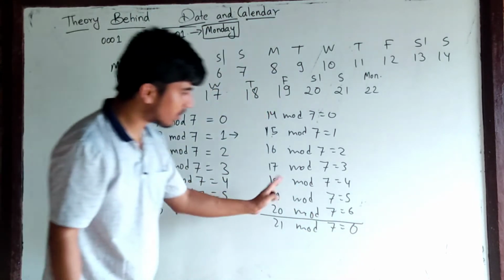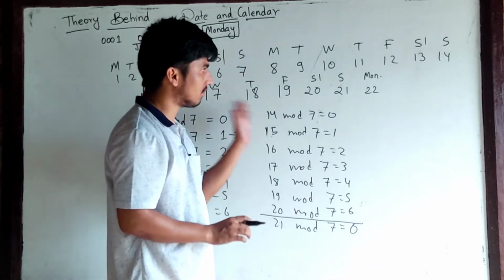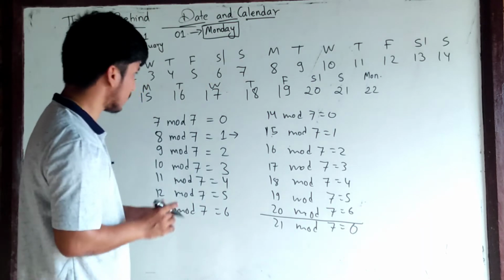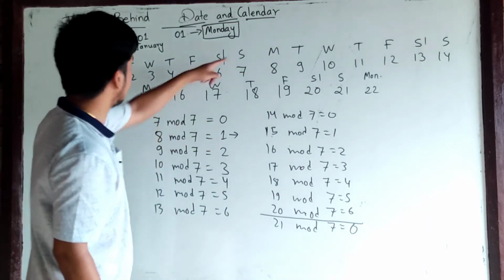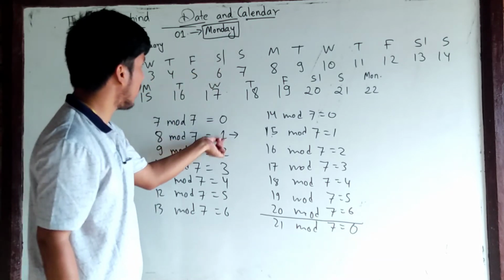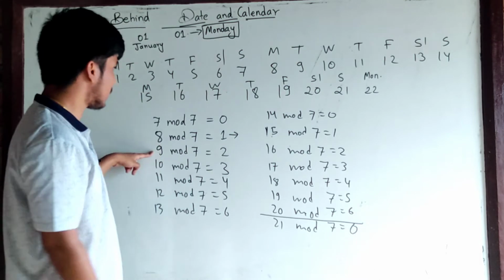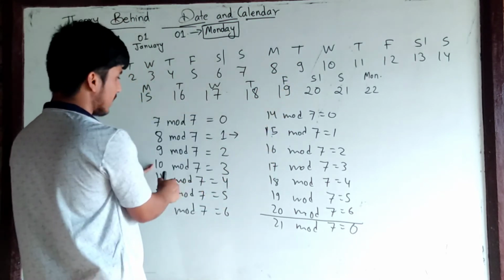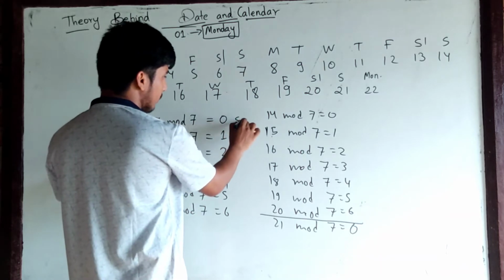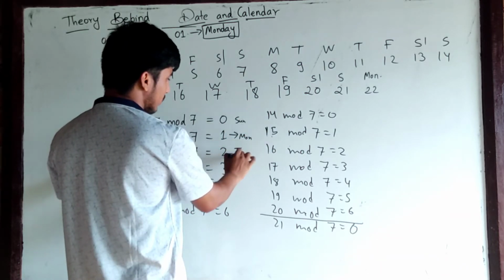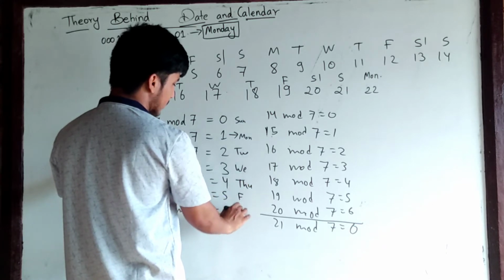In this fashion we can keep on going, but the days keep on repeating. If we have 0, the 7th date is Sunday. Similarly, if we have 1, the date is Monday, 2 Tuesday. 9 is Tuesday, and 10 is Wednesday, Thursday, Friday, Saturday. Now this is Sunday, Monday, Tuesday, Wednesday, Thursday, Friday, and Saturday.